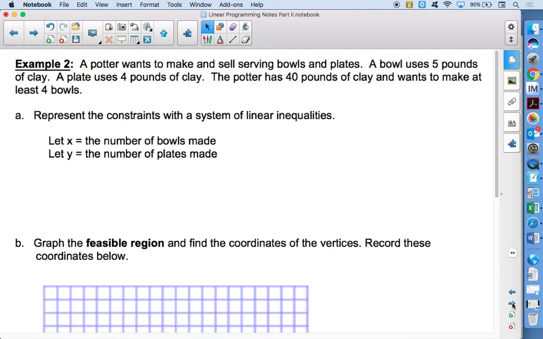I was thinking both were bowls. So how many inequalities should I have? I have 3, I need one more. You're going to need y greater than or equal to 0. Y is greater than or equal to 0, they can make it also.